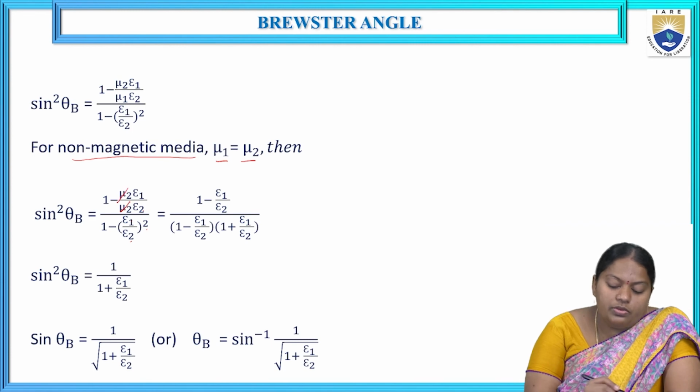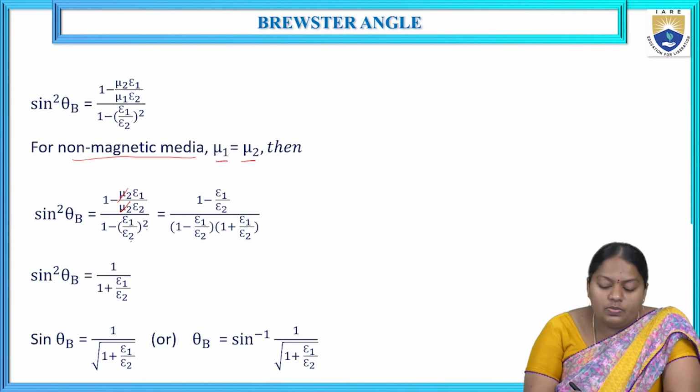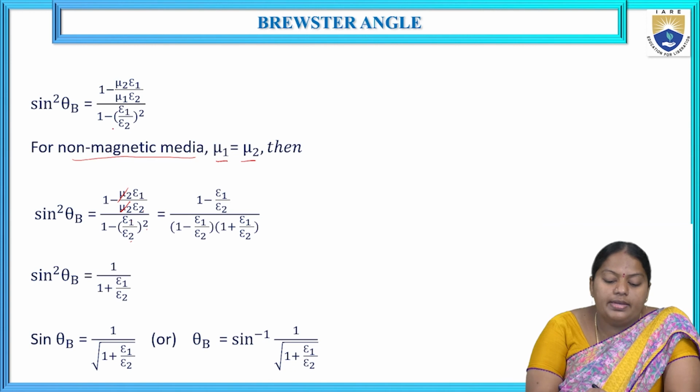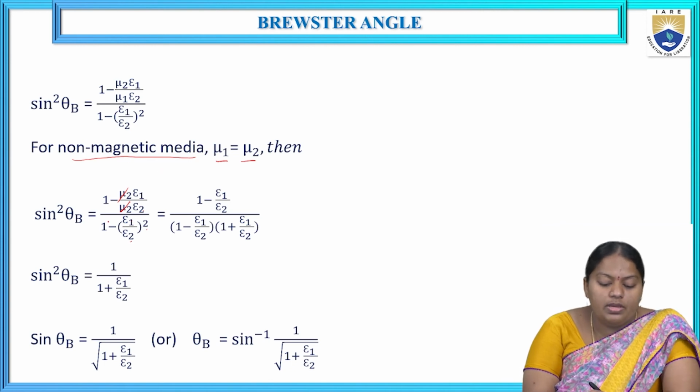Now mu2 gets cancelled, then 1 minus epsilon 1 by epsilon 2, and in the denominator if we observe, it becomes a square minus b square formula, and if you expand this one, a square minus b square is equal to (a plus b) into (a minus b).